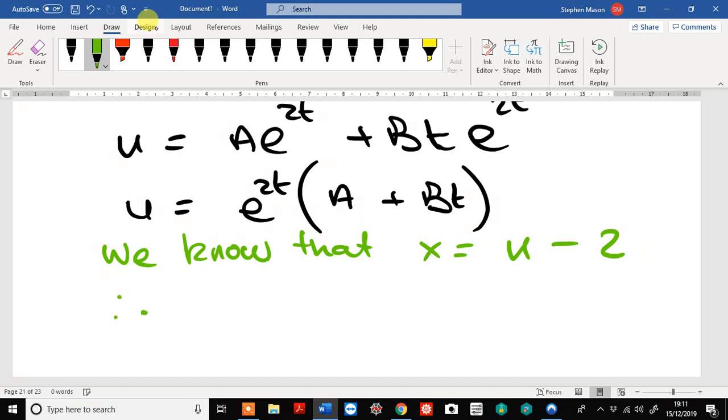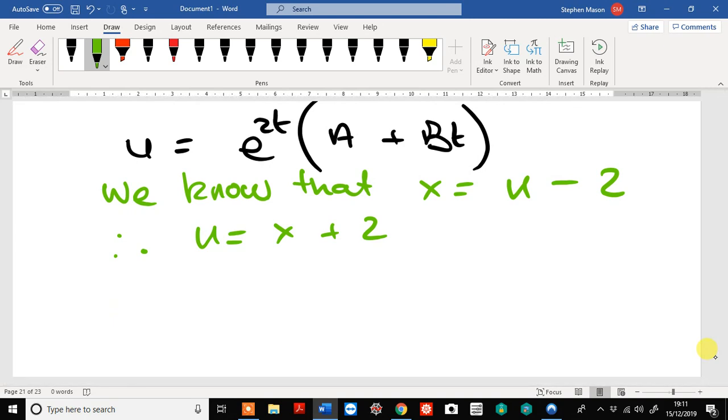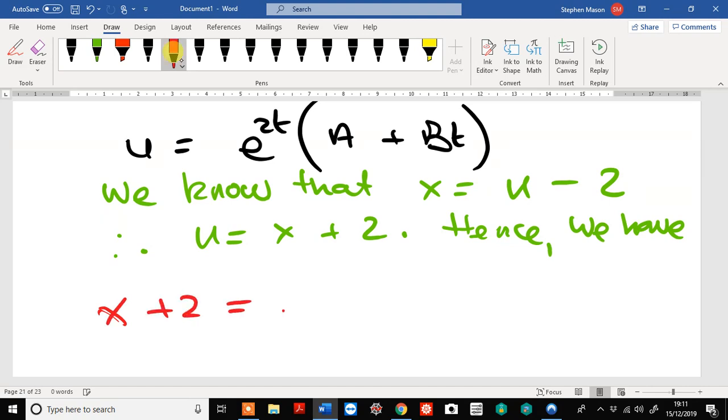So therefore u equals x plus 2. Henceforth, and I'll write this in red, if we substitute x plus 2 in for u, we have x plus 2 equals e to the 2t times a plus bt.